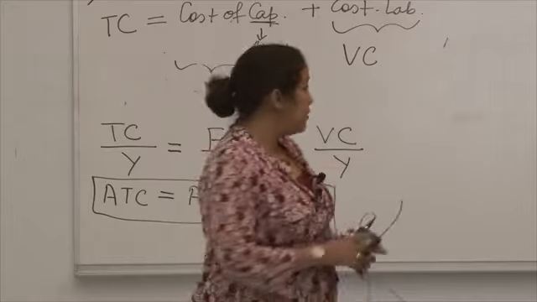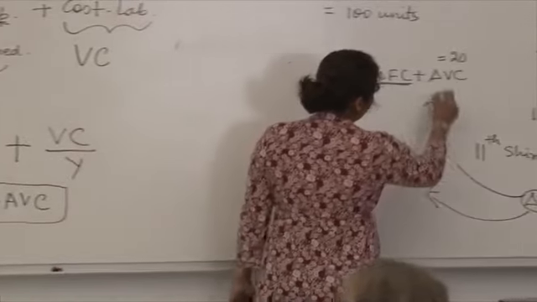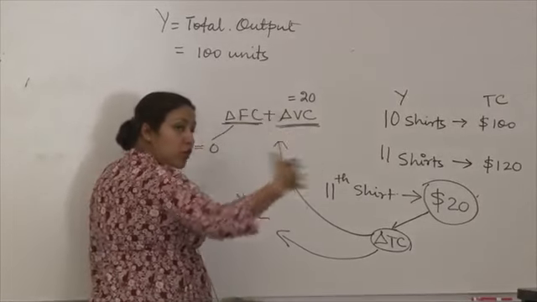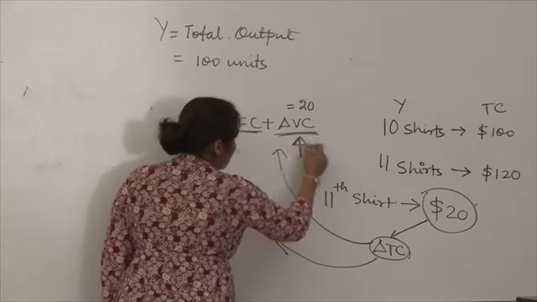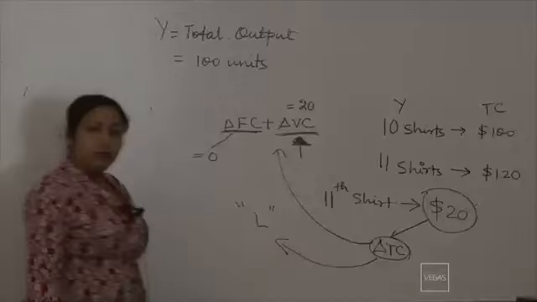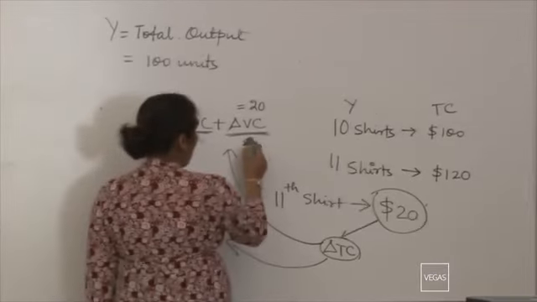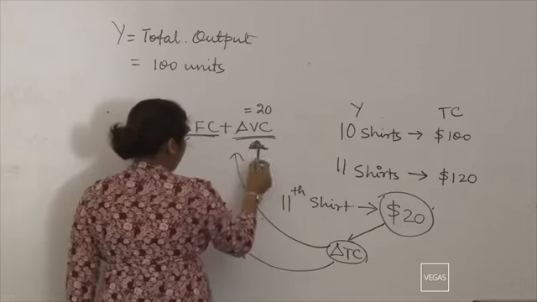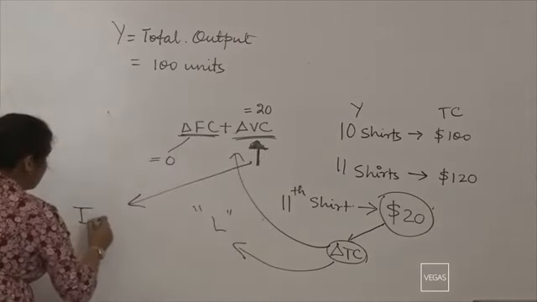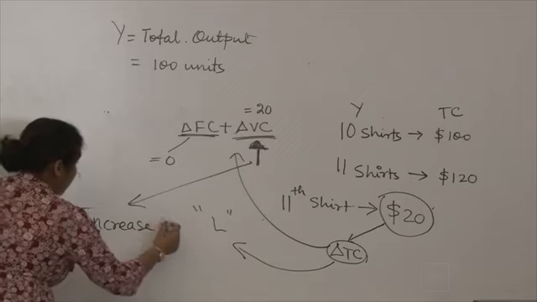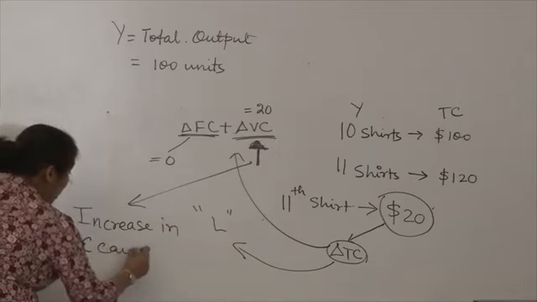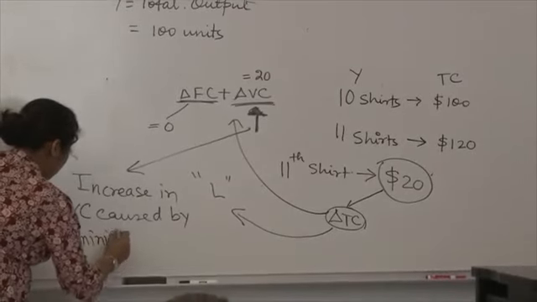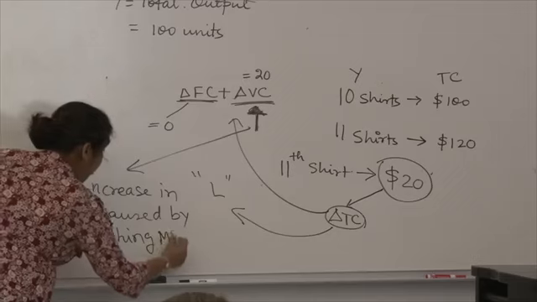Do you agree? So, can I say that this variable cost, this cost of labor over time, as I produce more and more output, is bound to increase over time? So this increase in variable cost over time, can I say that this increase is caused by diminishing MPL?